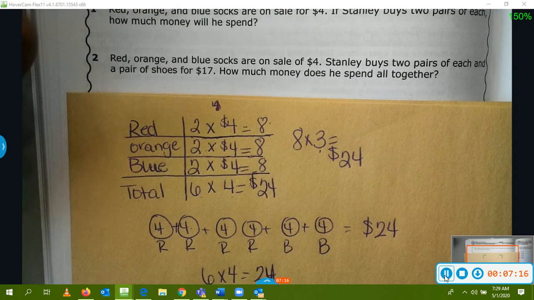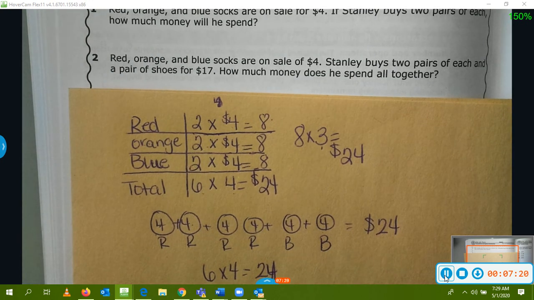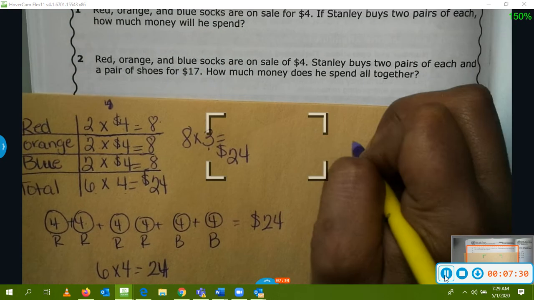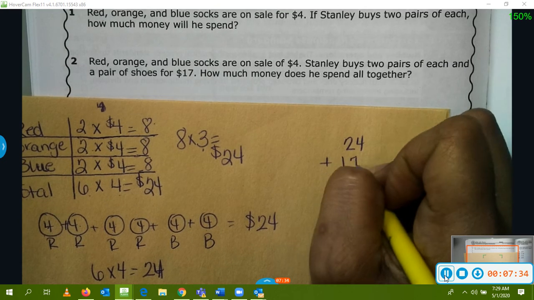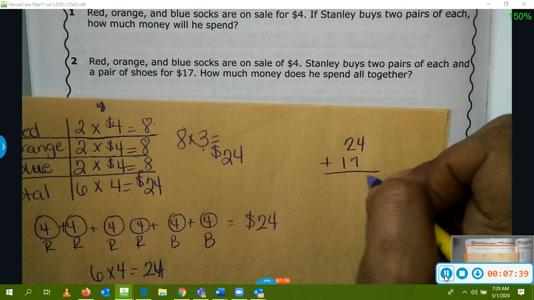Did he add 2 pairs? No, it just says a pair. So we must take the $24 and we do what? We will add 24 plus 17 and we will see how much he spent altogether. So 24 plus 17, let's add. 7 plus 4 is 11.